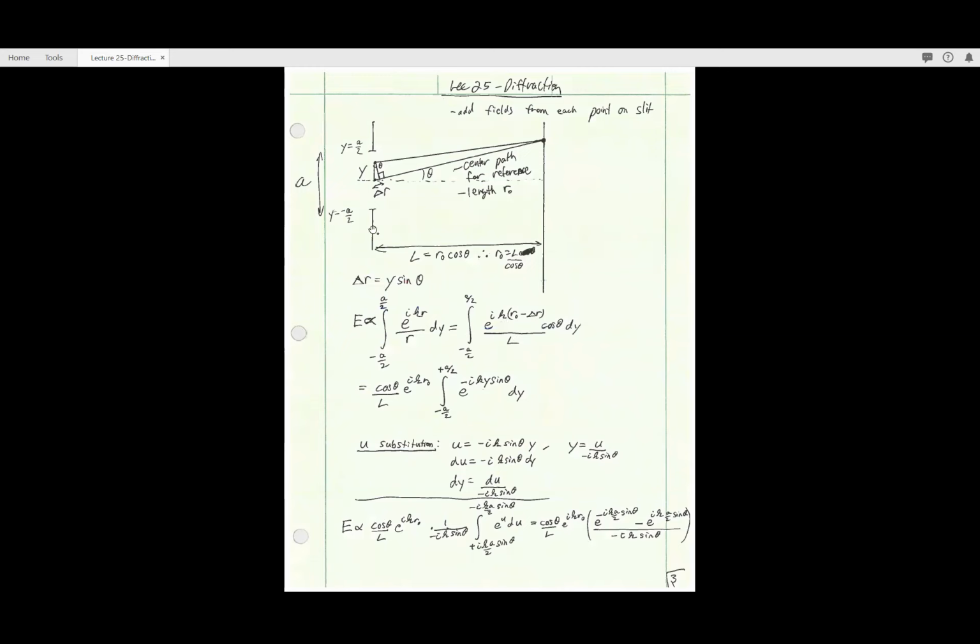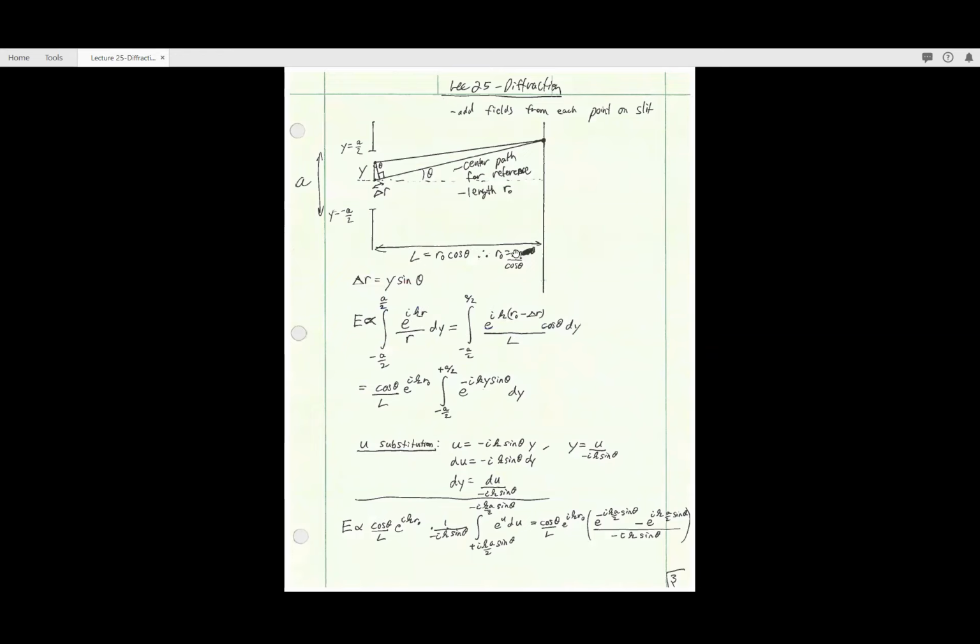And then we're also going to need to work out R, because the electric field from each point is e to the ikR over R, right? And we know that this distance, which is fixed, L, the horizontal distance from screen or aperture to detector, that distance is R0 cosine theta.